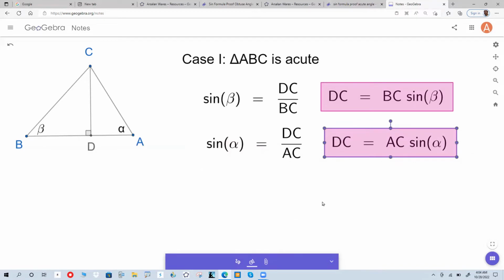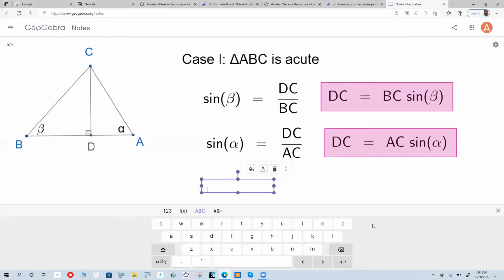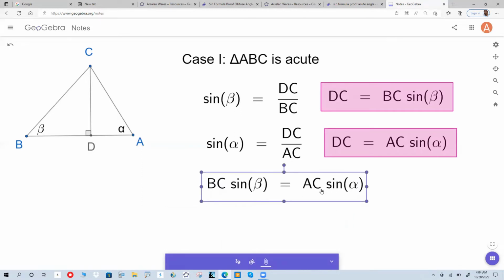We can combine them and see what we can do. Since DC is equal to itself, I can say this. This is very important here.